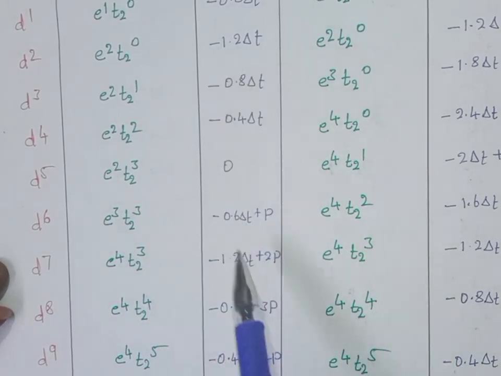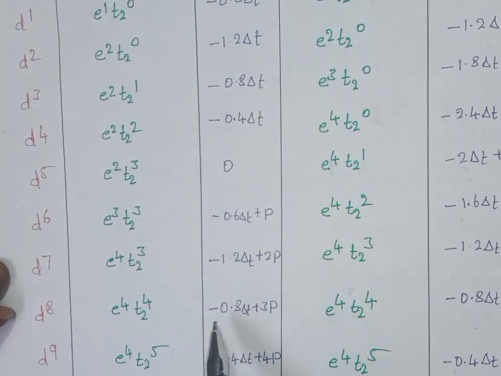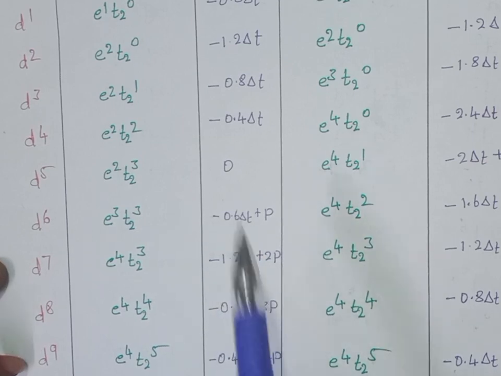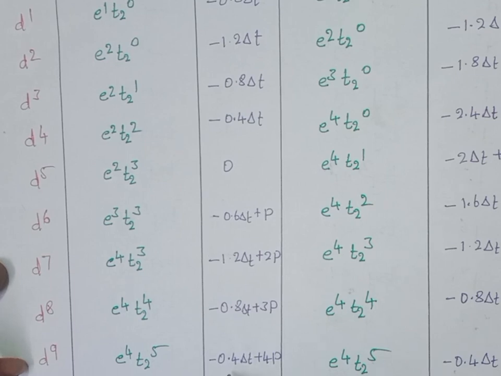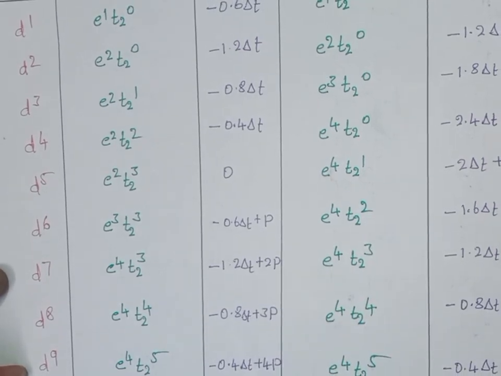And d2, d7 also have the same CFSE with a difference in the number of electron pairs. d3, d8 also have the same CFSE value with a difference in the number of electron pairs. d4, d9 also have the same CFSE values with a difference in the number of electron pairs, right? For weak field complexes.